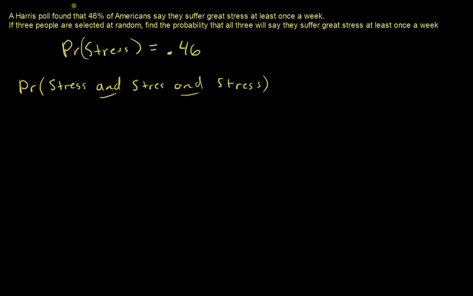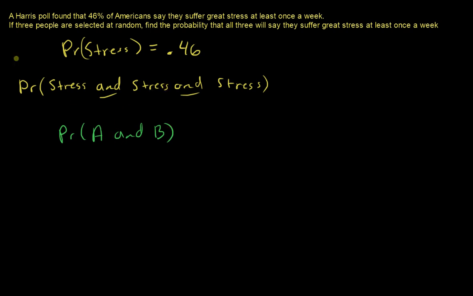So far we've only talked about it with 2, the probability of A and B, right? And so now what's different is that we have three people instead of just 2, right?